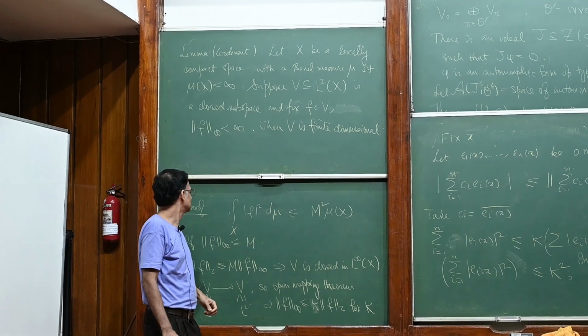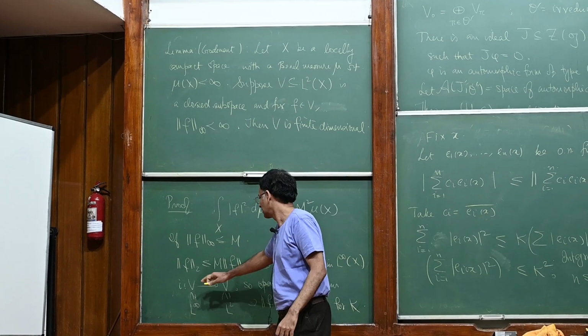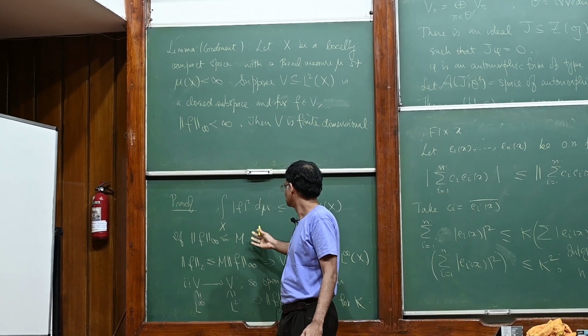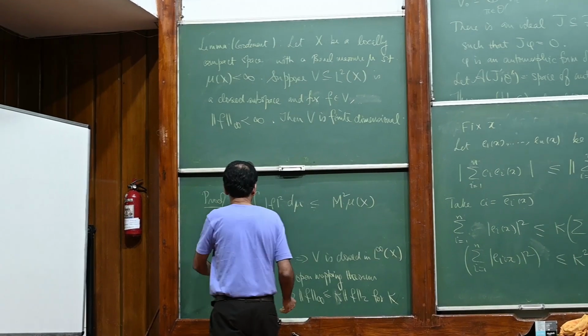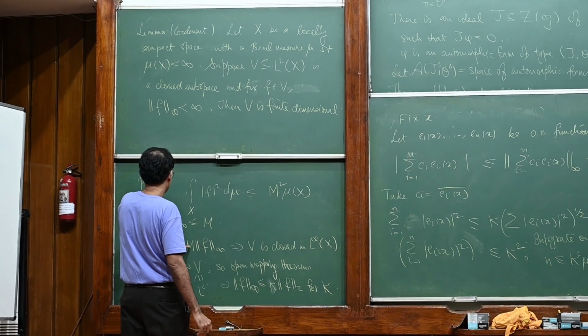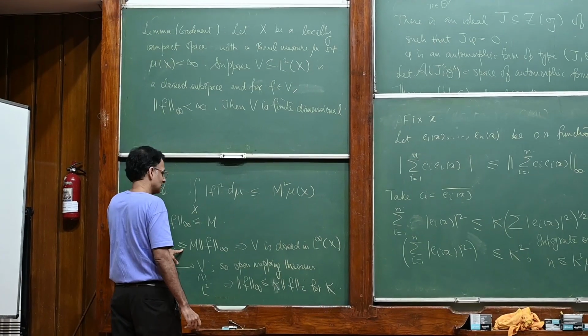No. Because it's not. You just want to say that the 2 norm is less than. Oh, this is the wrong way. Maybe this m may be the wrong thing. I think I may have written this the wrong way.